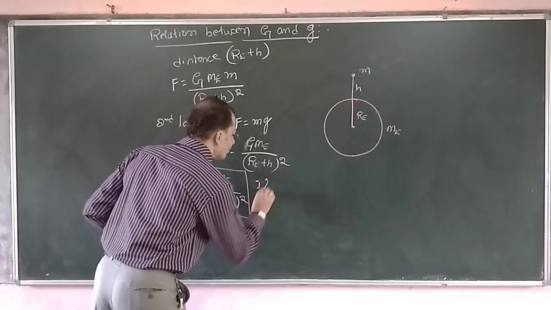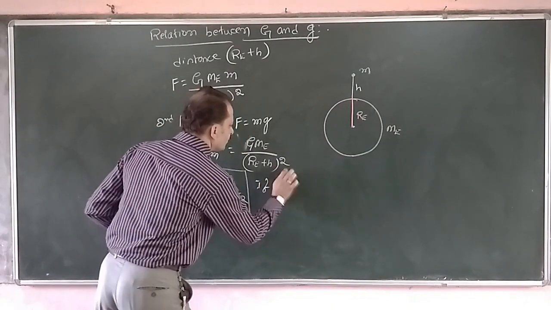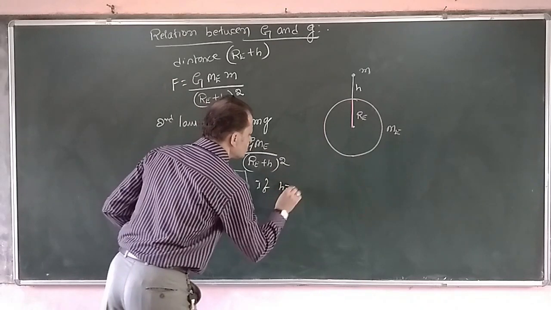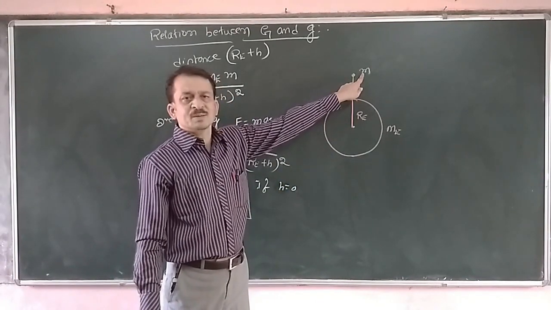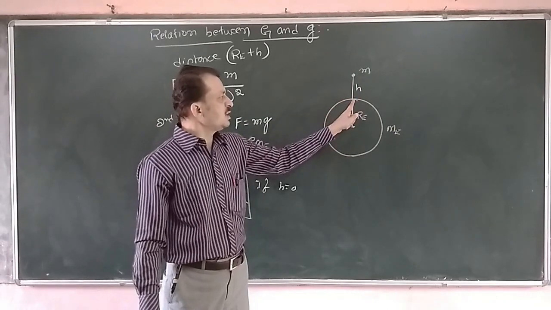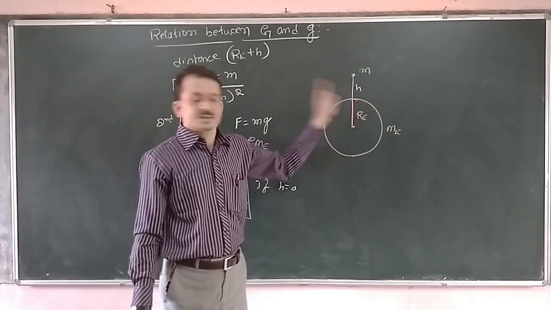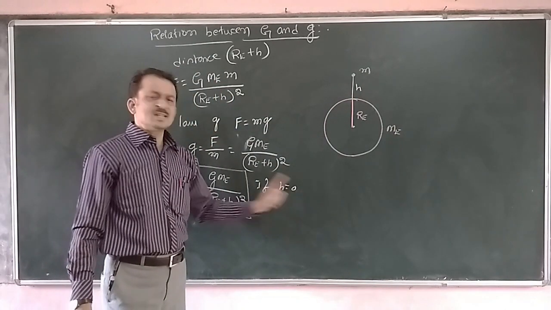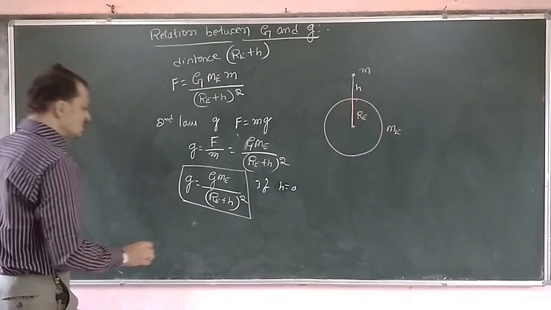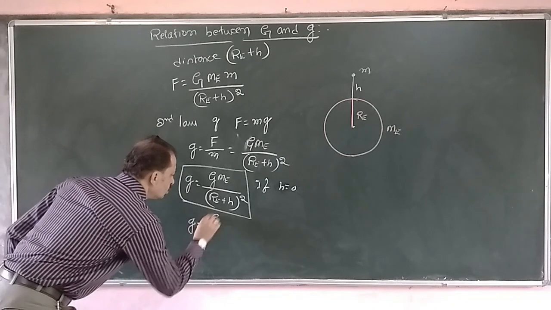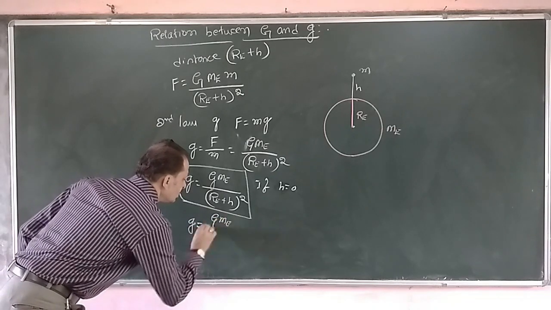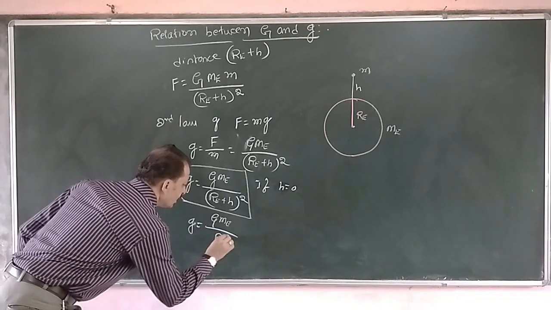If h is equal to 0, what does that mean? If the point mass or the point object is on the surface of the earth, then what happens? h becomes 0. So in this expression we get the value of g is equal to capital G ME divided by RE square.